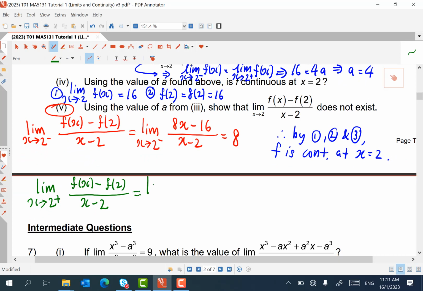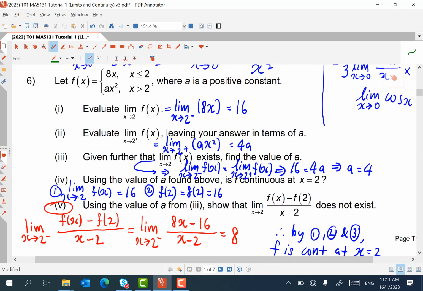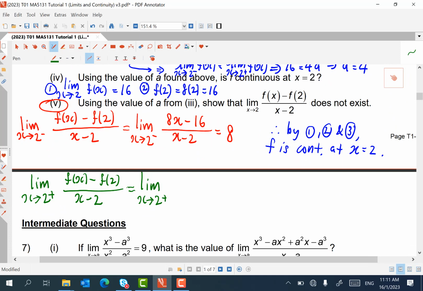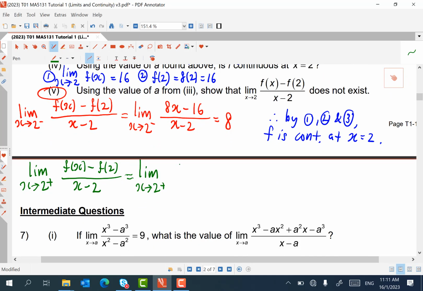And then this other one, for 2 plus, right? I think it's 16, is it? Check for me, is it 16?